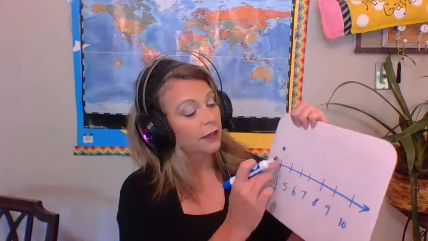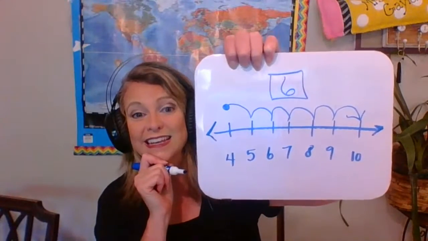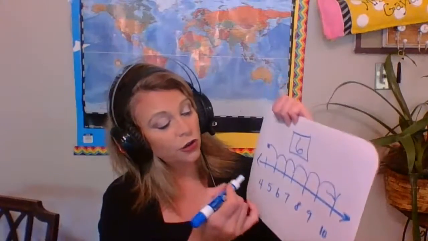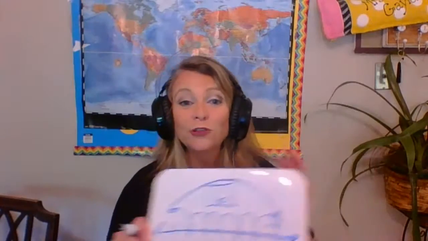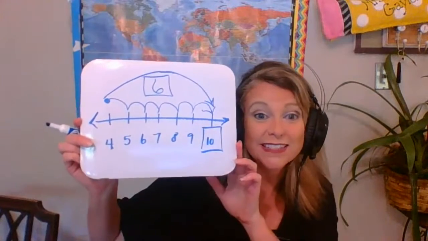Let's see. Okay, I'm going to jump up 1, 2, 3, 4, 5, 6. So that would be, remember how we filled in the number 6. So 4 plus 6 is 10.